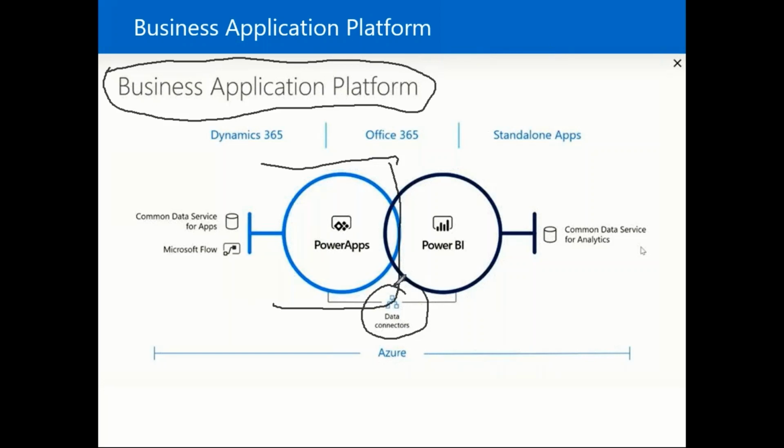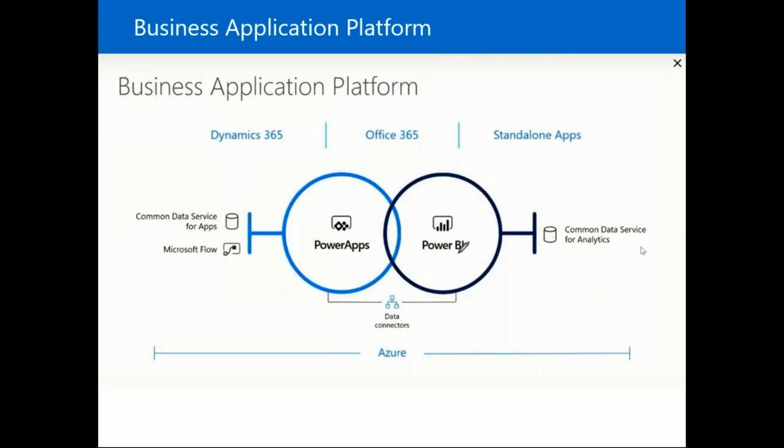If you want to connect to a SQL database, you need a connector. If you want to connect to a SharePoint list, you need a connector. For any data source to which you want to connect in your app, you first need to have a connector. So the connector is the first thing. In Power Apps, Microsoft is giving another kind of data source which is called Common Data Service.